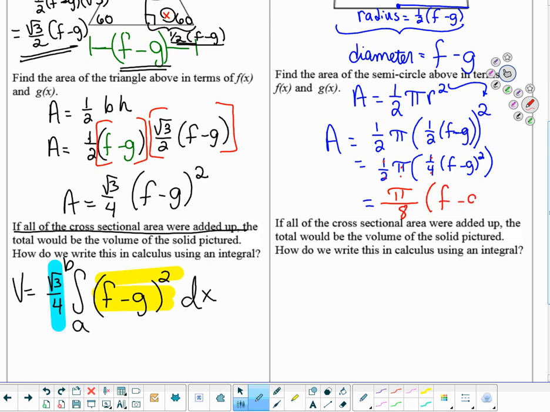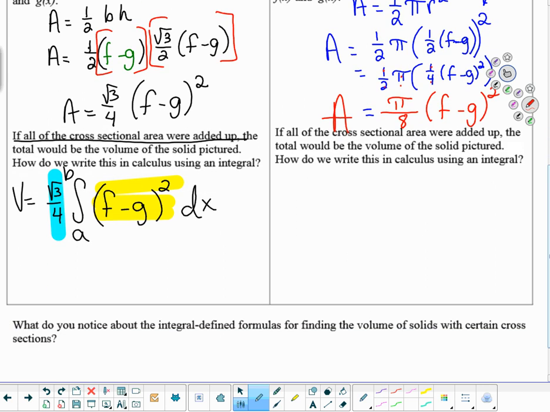F minus g quantity squared is the area of a semicircle. Okay, so the volume is equal to pi over 8 integral a to b f minus g quantity squared dx.